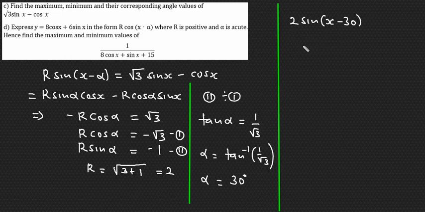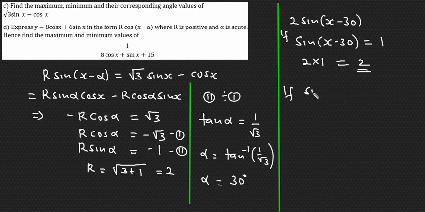Let me take the sine of the angle to be 1. It implies that the maximum value here is going to be 2 times 1, which is 2.